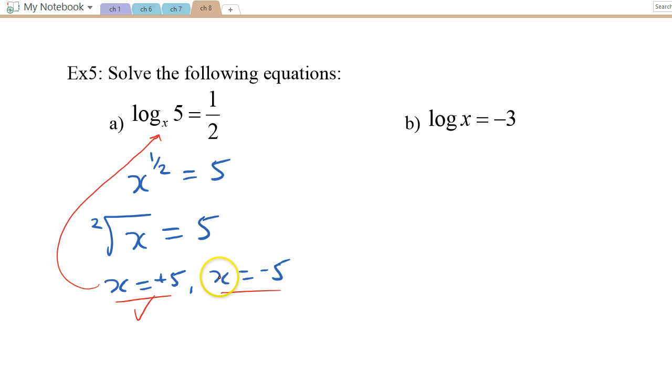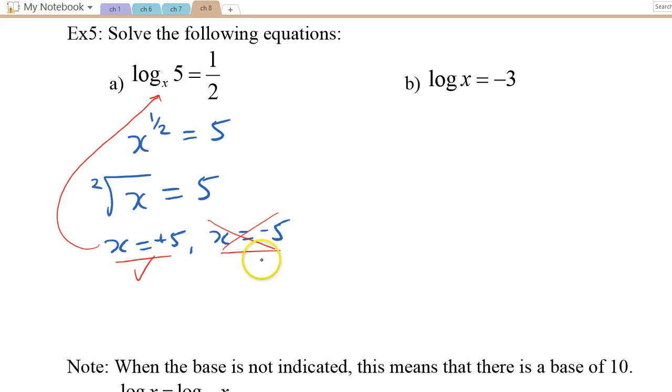Okay, you found this solution, but then you rejected it. So this would be enough, or if you really want to do a good job, you could at this point say, x equals negative 5 is an extraneous root. If you really want to look good, you can write something like that. But even just writing out x equals negative 5 and then crossing it out is good enough.